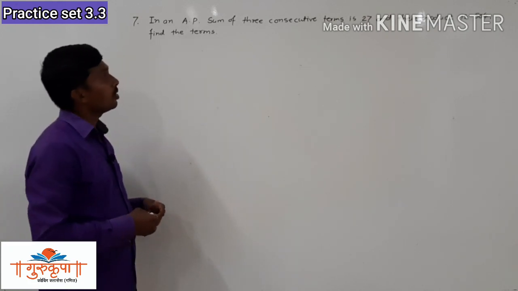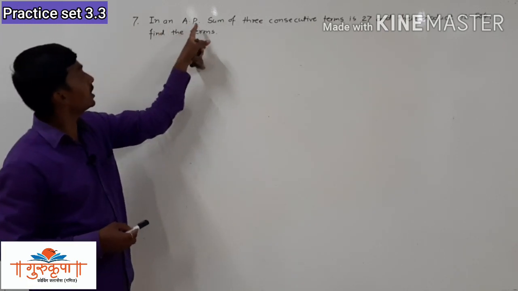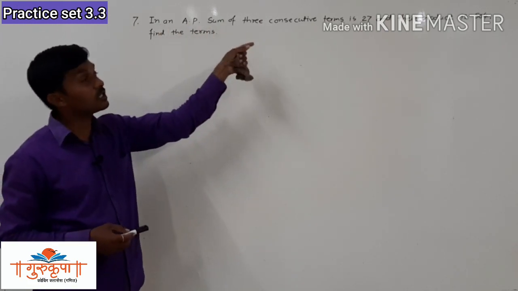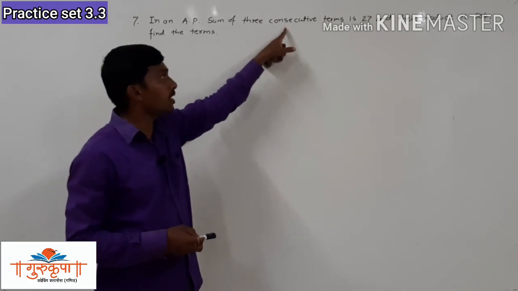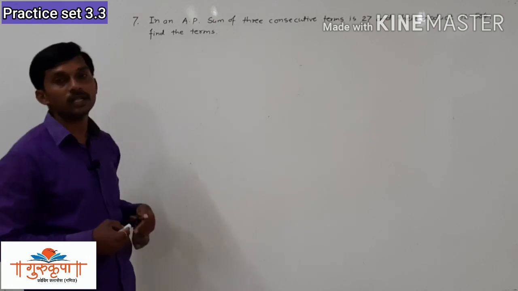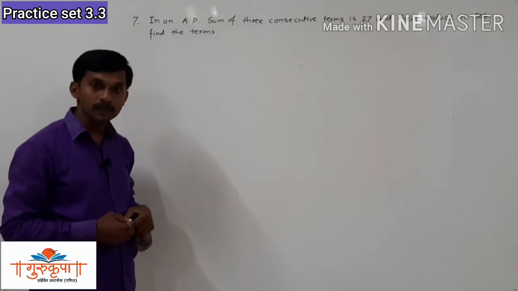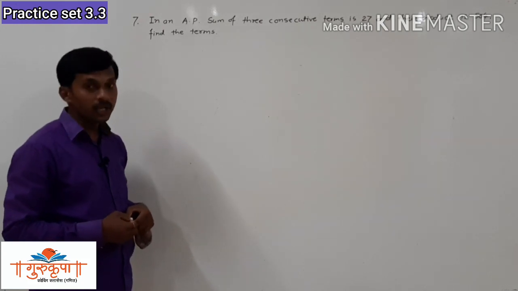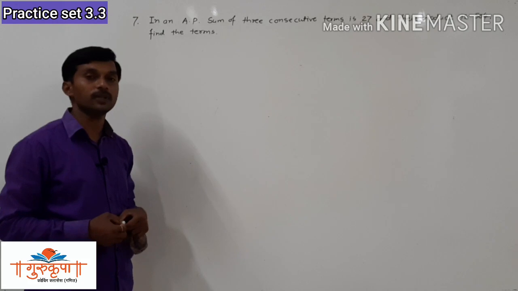So here most of the students, since it is given that in an AP the sum of 3 consecutive terms, consecutive terms means most of the students are taking the first 3 terms of the AP, that is a, a plus d and a plus 2d from the general representation of AP.